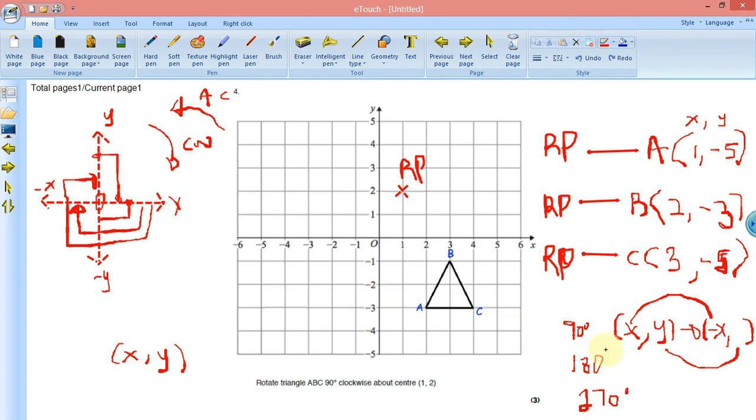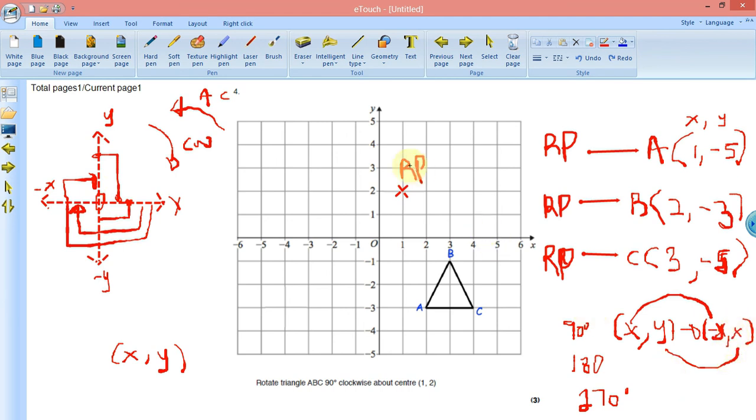So y changes to x. Sorry again. x changes to minus y, but I wrote x here. Don't mind me. So x changes to minus y here. Sorry about that. So 90-degree, x changes to minus y, and y changes to x.